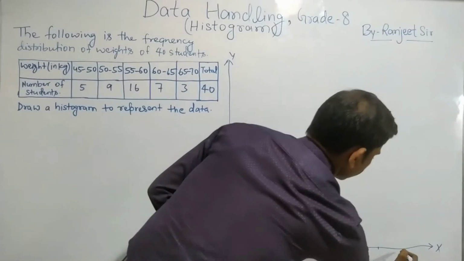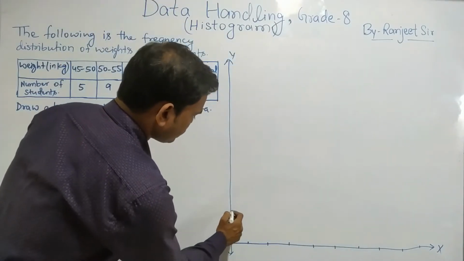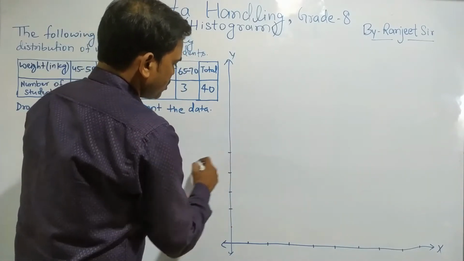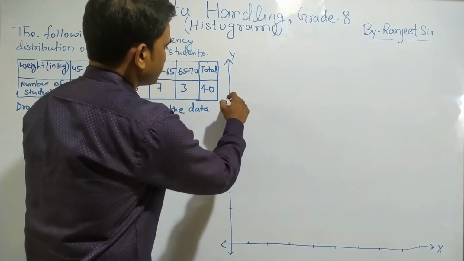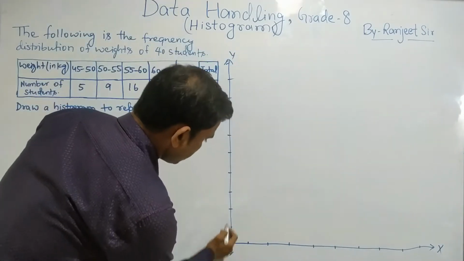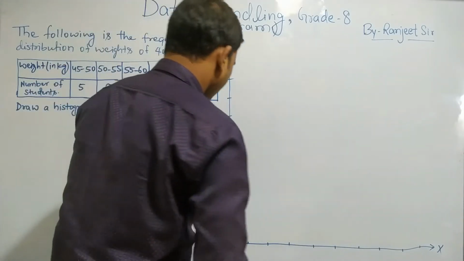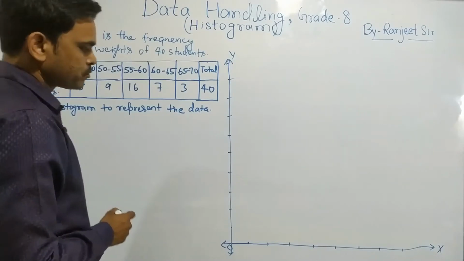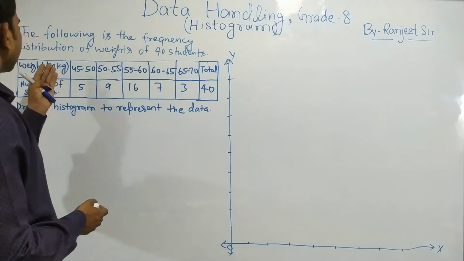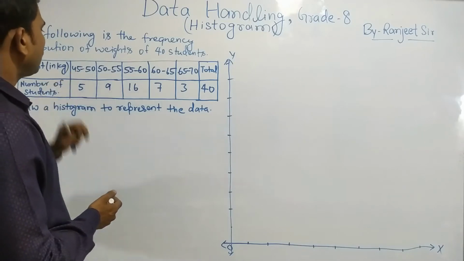We will do the same work here for the y-axis also. You can use a ruler for dividing it. Where these two axes meet at a point, that is exactly the origin and will be represented by 0. On the x-axis, we are going to represent the class intervals, which start from 45.